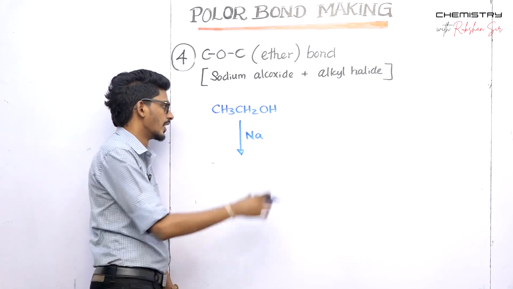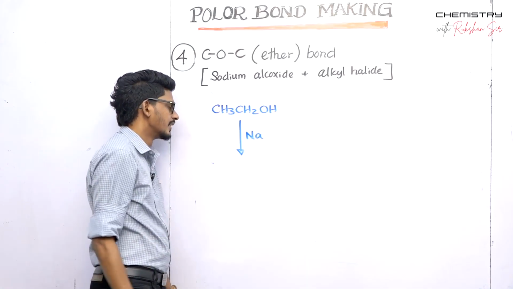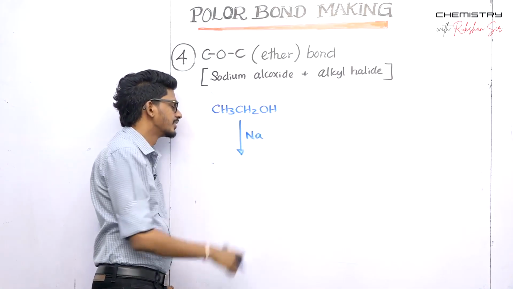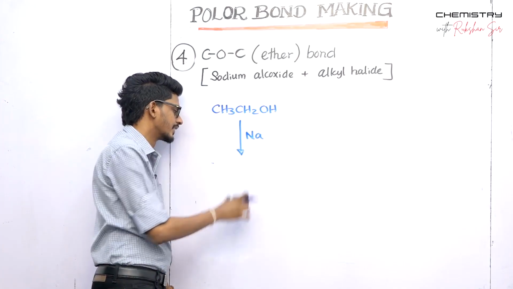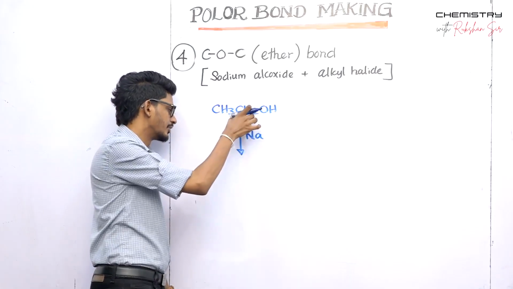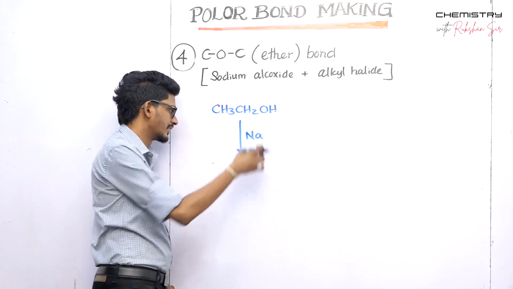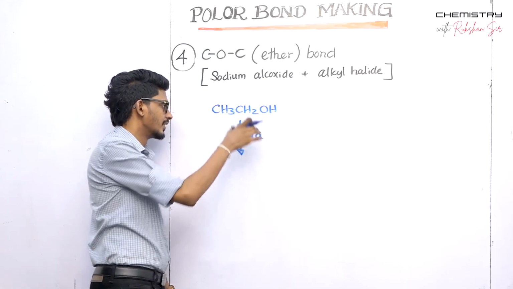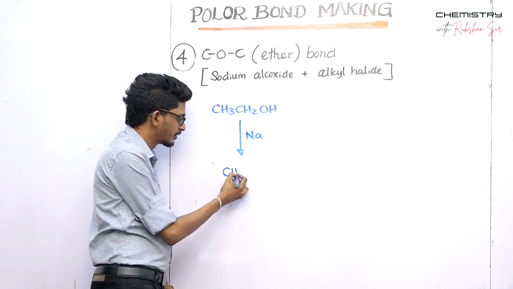As this one shows some acidity, the OH bond is already there, so H plus can be released with this kind of active metal. Basically, if an acid reacts with a metal, you get the salt and H2. That is what happens here. You have an alcohol reacting with sodium, so you will produce the salt.